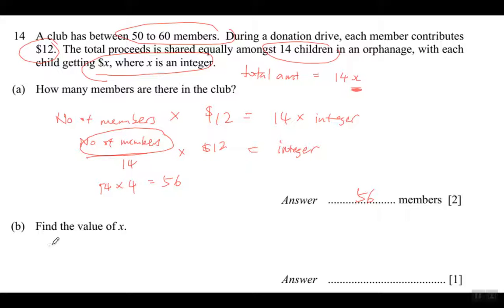Alright, so find the value of X. The value of X is, so 14 times 56. Oh, no, sorry. X, an integer, equals the number of members times 12 over 14. So just basically put this in: 56 over 14 times 12, so it's 4 times 12, so it's 48.